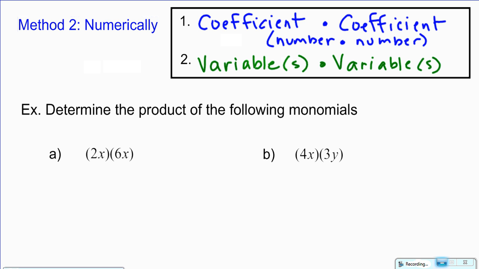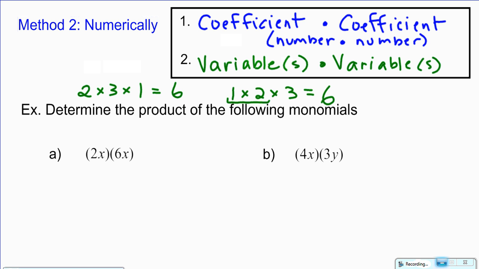The other thing that I want you to keep in mind is that if we said 2 times 3 times 1, well, 2 times 3 is 6, times 1 is 6. If we change the order that we multiply it, so let's go 1 times 2 times 3, so 1 times 2 is 2, 2 times 3 is 6. So when we multiply, the order that we multiply the factors does not matter.